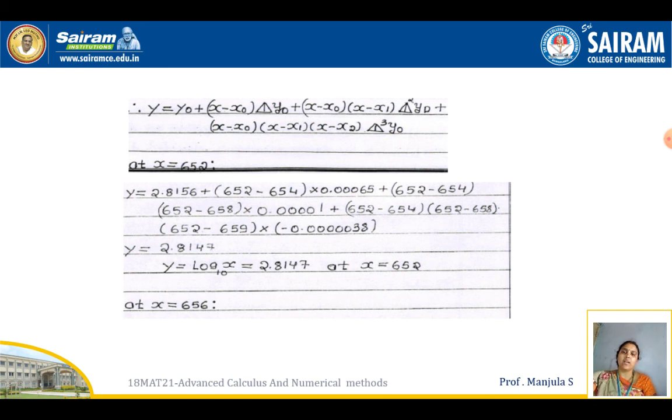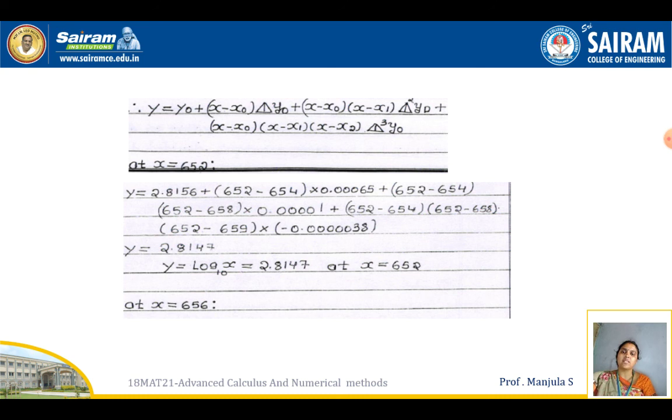After getting this table, next you write the formula: y equals y0 plus (x minus x0) del y0 plus (x minus x0)(x minus x1) del square y0 plus (x minus x0)(x minus x1)(x minus x2) del cube y0. In this formula, all values we can get from the table.